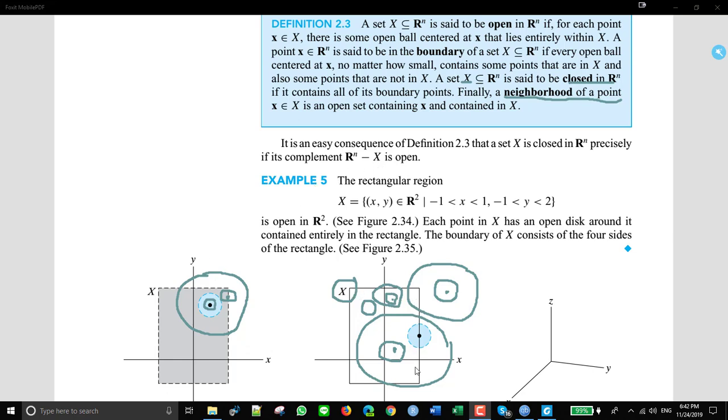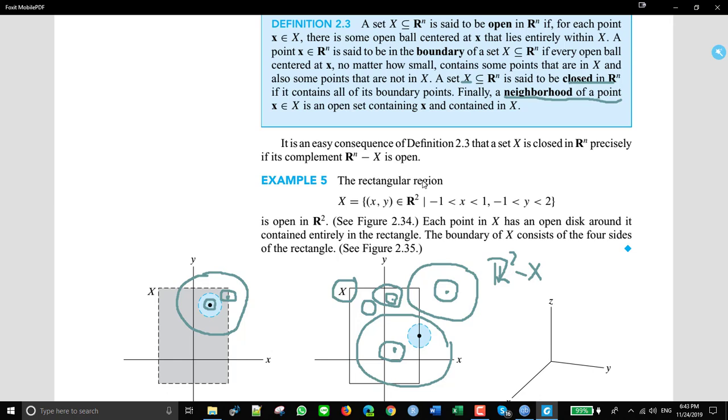So this set here is closed if its complement, which means we take all of R2 actually, and we take out X, we take out all of the points in X, and you should see that the result will be open.